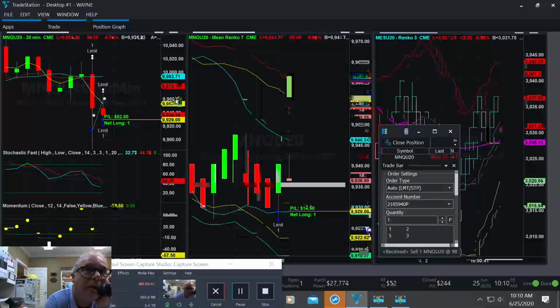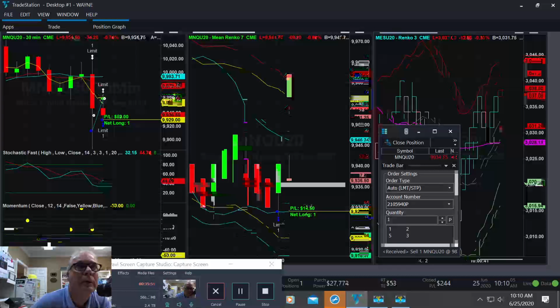I don't know if we're going to get down that far. Just went through 30-40, so we're probably going higher. May go all the way to 30-60.